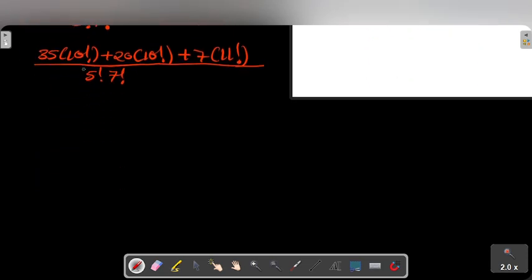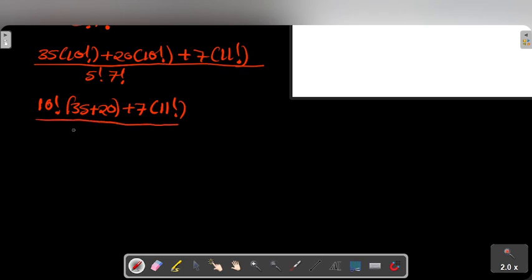So now from here, what we're going to do is you are going to factor out 10 factorial between these two numbers so that you have 35 plus 20 there. Then you maintain 7 open. Here we have 11 factorial.